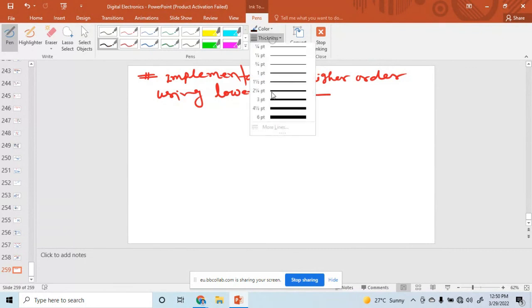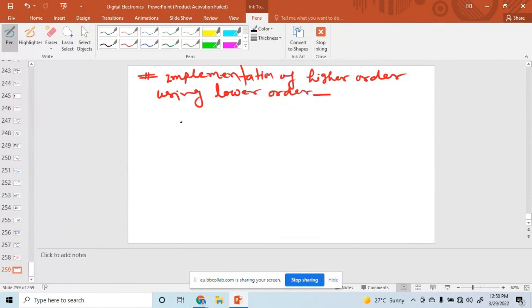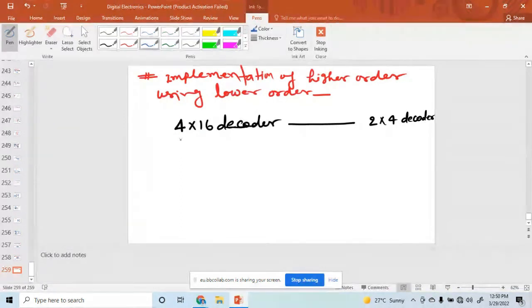Now suppose the question is a 4 to 16 decoder. I want to design this decoder. How many 2 to 4 decoders are required? Here is how to find it. No need to look at the 4, only see 1 cross 16.